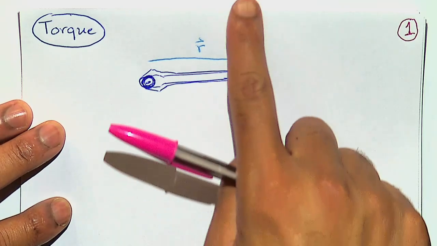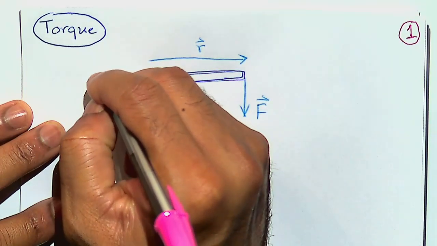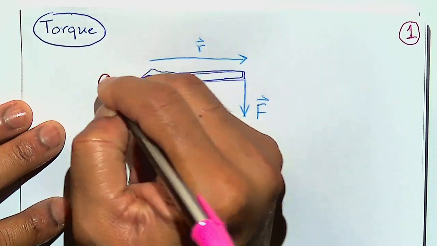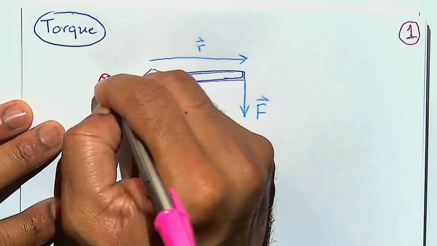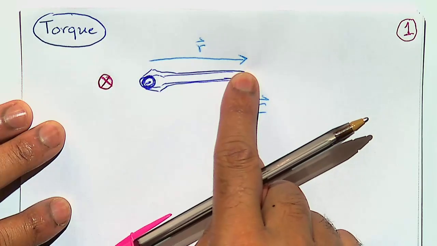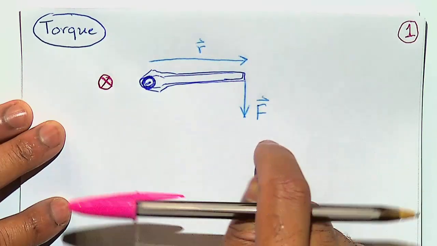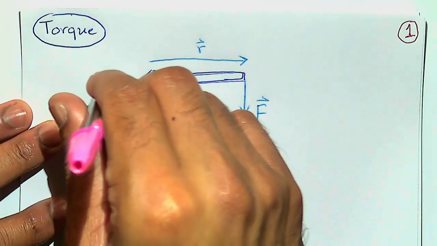So that's important. And I talked about in the demo where once you do this, the direction of torque is not obvious. It's not up, it's not to the left, right? It's into the page. Okay, and the way I'm going to draw that is to put an X. This is still a vector, but because I can't draw into the page, I can draw a vector to my right and downward, but it's really hard to draw a vector going right into the page.